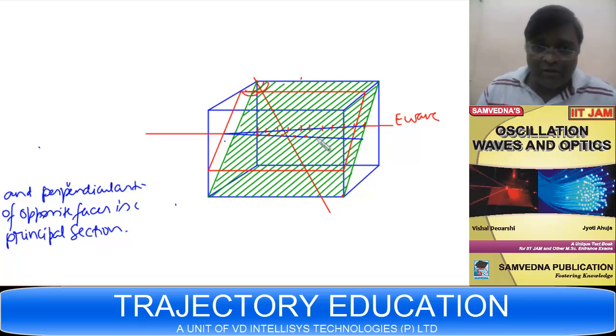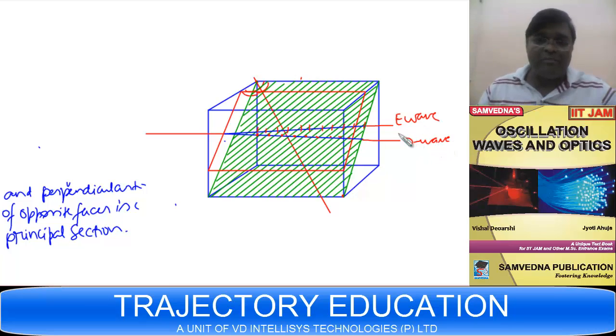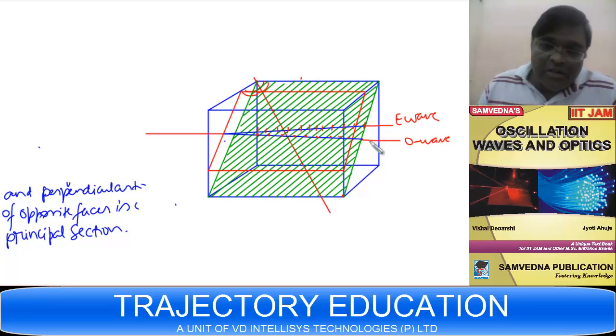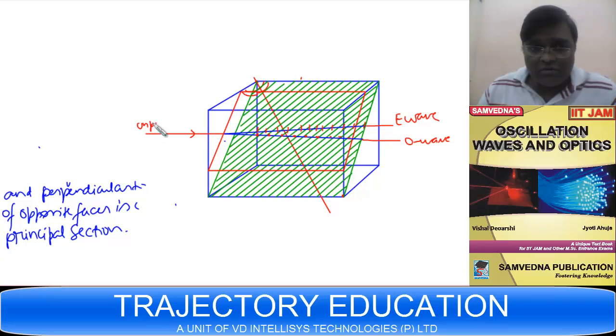And ordinary light is having all the field vibration perpendicular to the principal section. That's called O wave. So both are plane polarized. E wave has got all the vibration parallel to the principal section, whereas O wave has got all the vibration perpendicular to the principal section. Wherever it falls, we just draw the principal section.